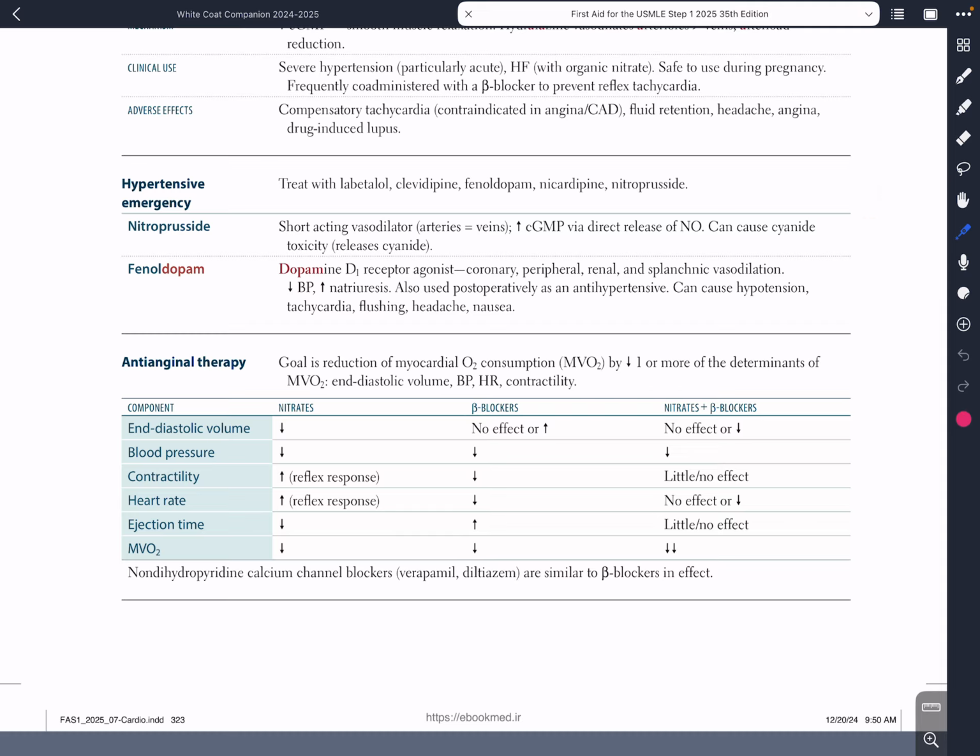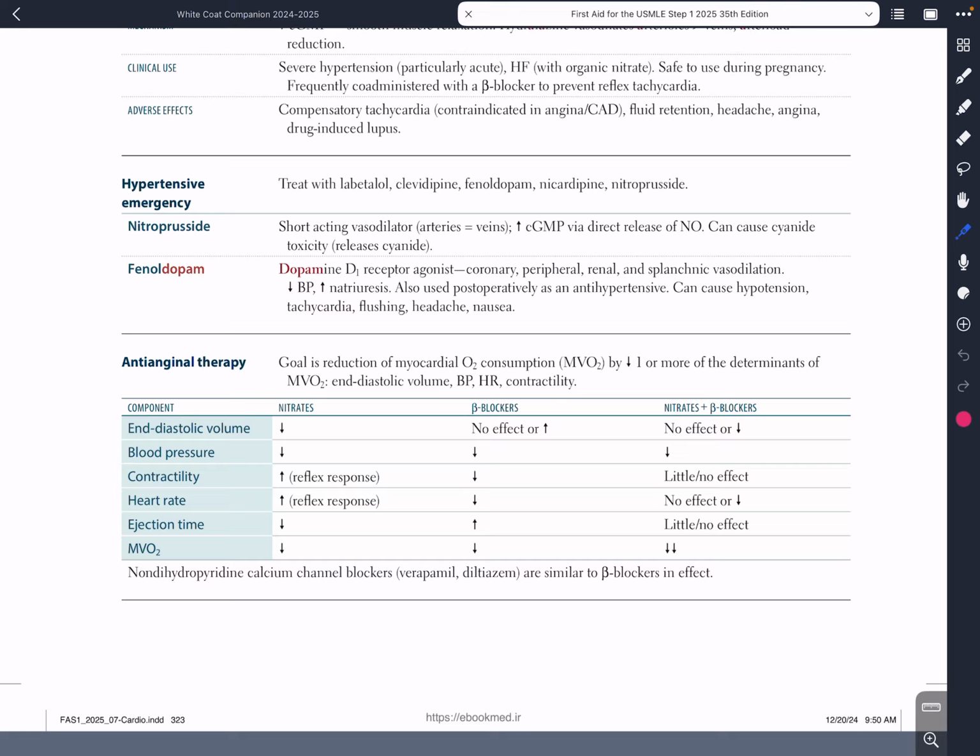Anti-anginal therapy is given to decrease oxygen demand in the myocardium. MVO2 is the short form for myocardial oxygen consumption or demand, either way. So you decrease one or more of the determinants of MVO2.